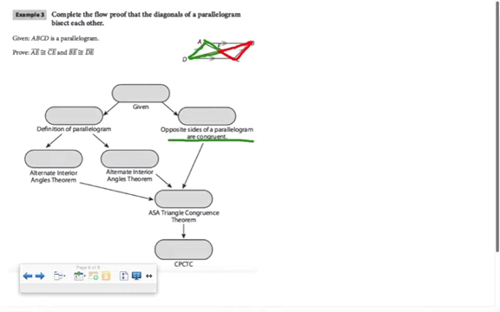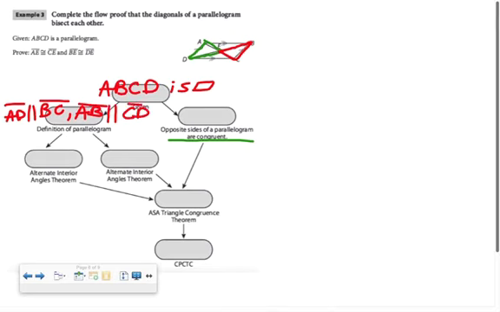Okay, so again, I'm given that ABCD is a parallelogram. By the definition of a parallelogram, I know that I have parallel sides, and I need both pairs of parallel sides in order to show both pairs of alternate interior angles. So I'm still saying that AD is parallel to BC and that AB is parallel to CD.